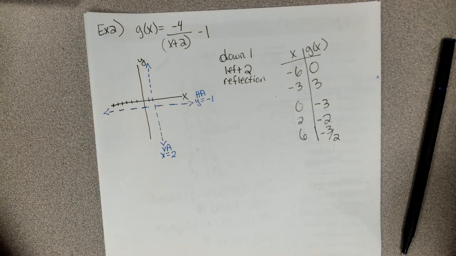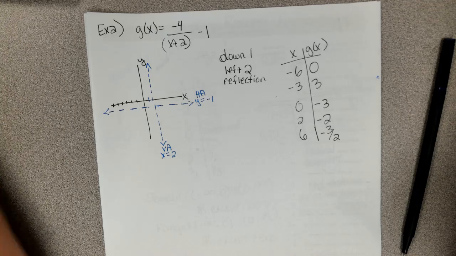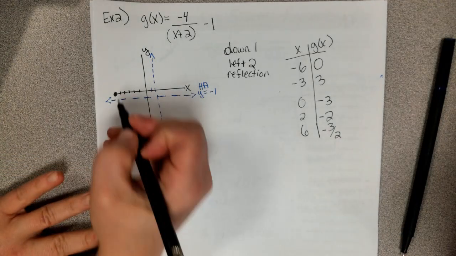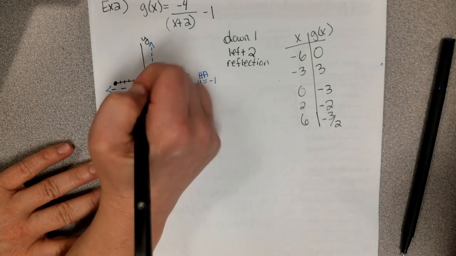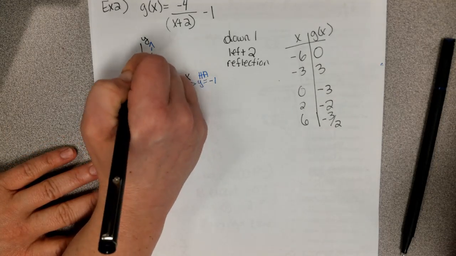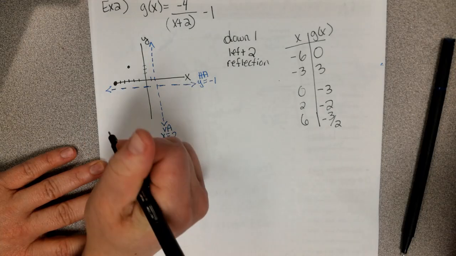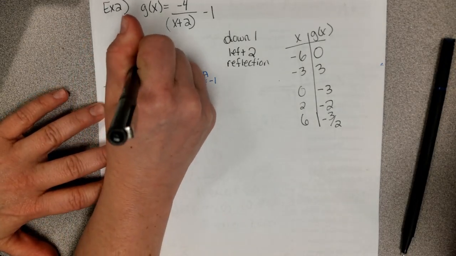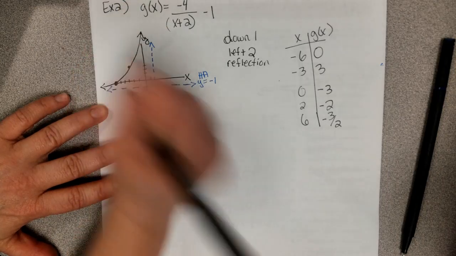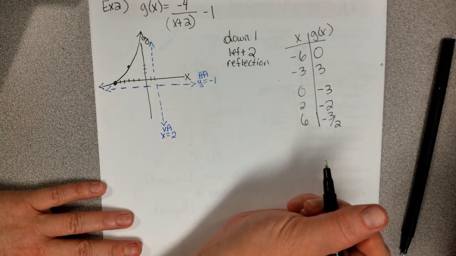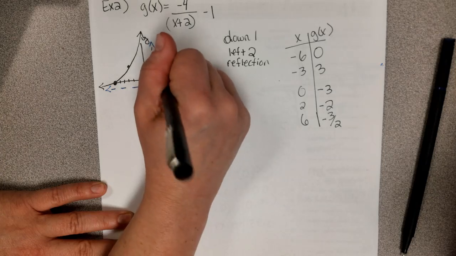Let me pause because I feel like my table's wrong. Hold on. I have -6, 0. I have -3 probably right here. And so what you can see from that is that our curve is going to be this way. And then over here, I'm going to have 6, -3 has 1, 2, 3, 4, 5, 6.